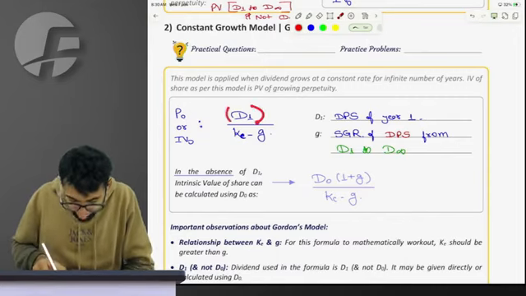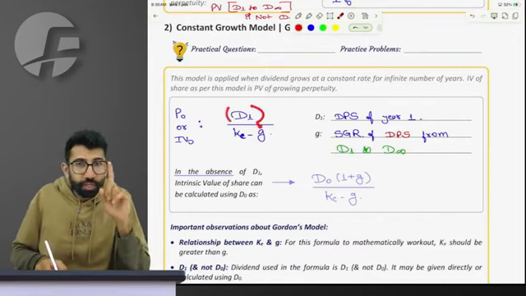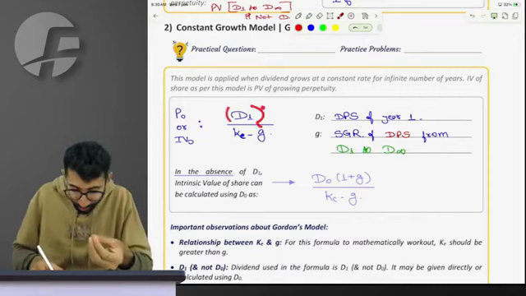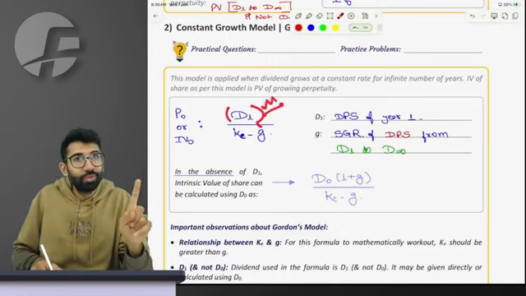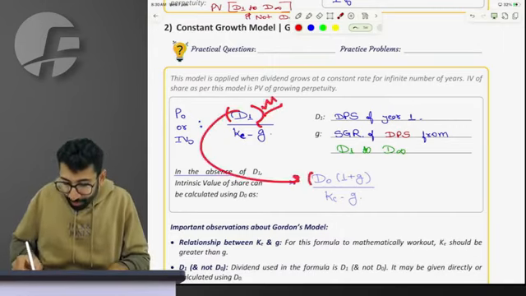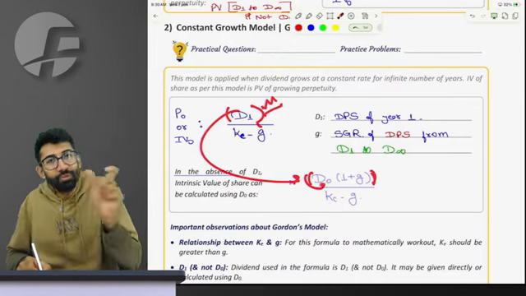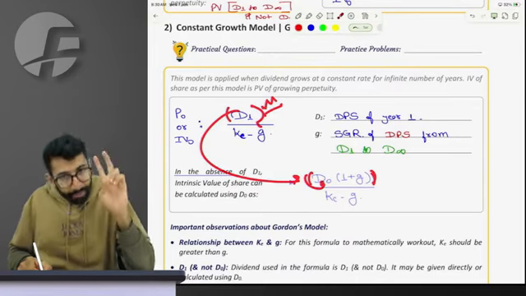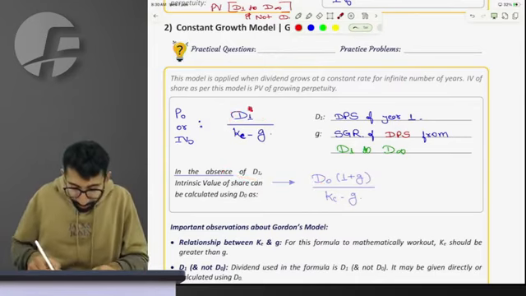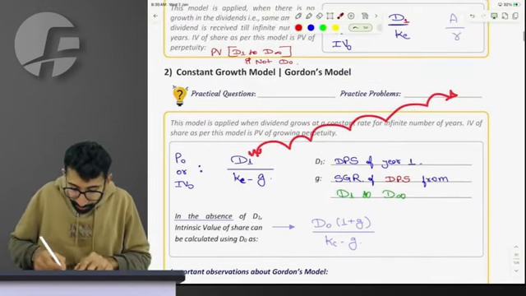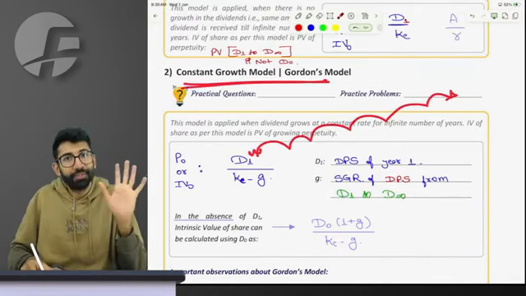So, what were the important pointers that we discussed that day? First, the first cash flow being discounted is D1. Is it D0? No. However, in the absence of D1, you can calculate it as D0 into 1 plus G. That is the first learning. Learning number 2, the dividend has to grow at a constant rate for us to be able to apply this model.